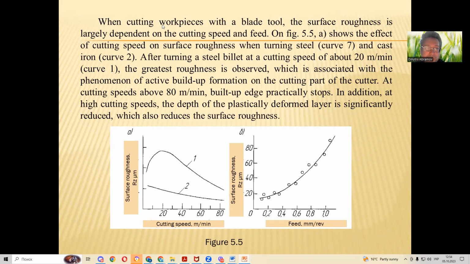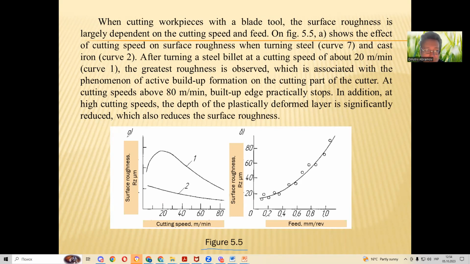When cutting workpieces with a blade tool, the surface roughness is largely dependent on the cutting speed and feeds. On figure 5.5, you can see the figure on this slide.